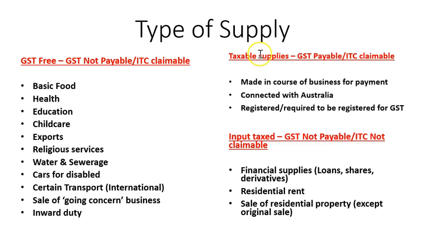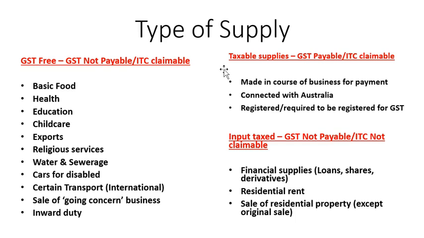Okay, taxable supplies are supplies that are subject to GST. What makes a taxable supply is that they're made in the course of business and the business is trying to receive payment for those.